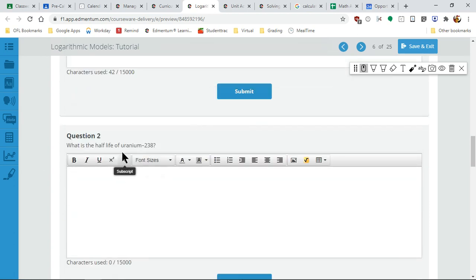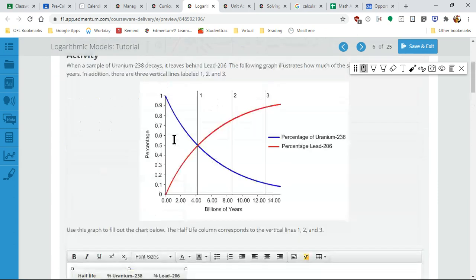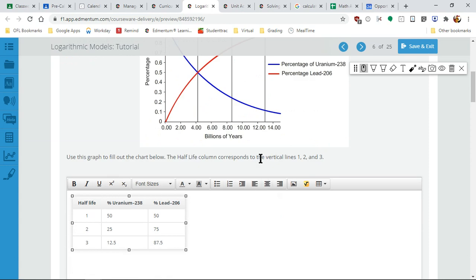So what is the half-life of uranium? According to this, a half-life is a little more than 4 billion years. That's why it's a big deal with uranium, because it's going to take billions of years just to get down to half.